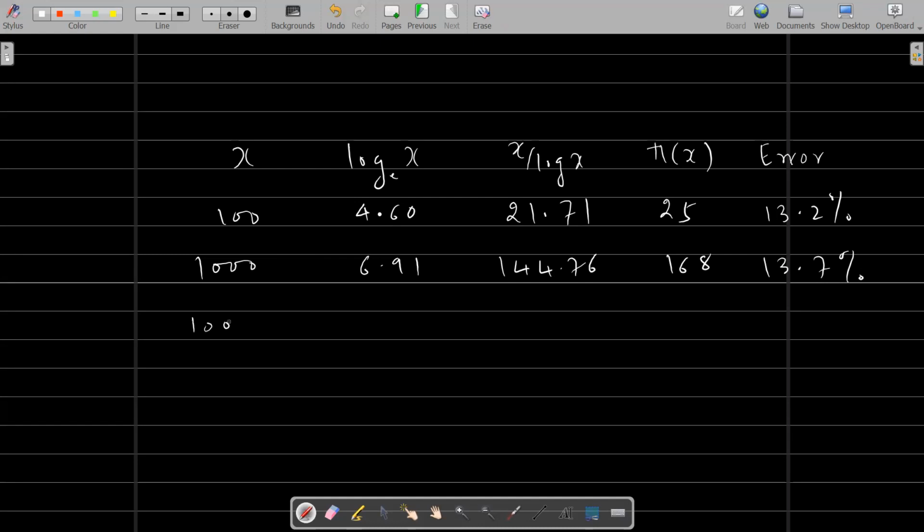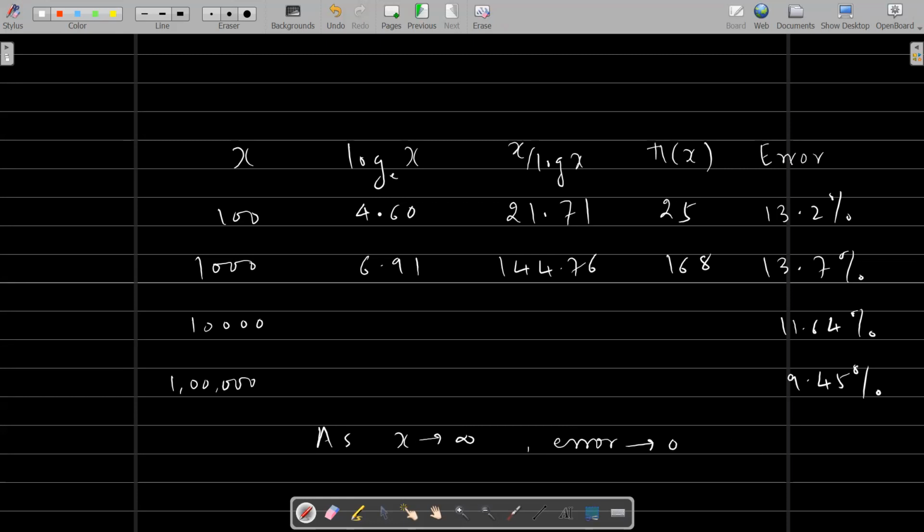So for 10,000, the error is 11.64%. For 1 lakh, the error is 9.45%. So essentially, the theorem says that as x goes to infinity, that error tends to 0.